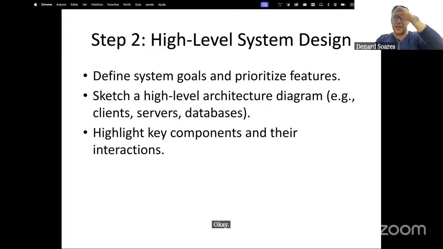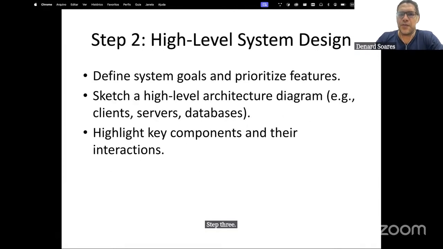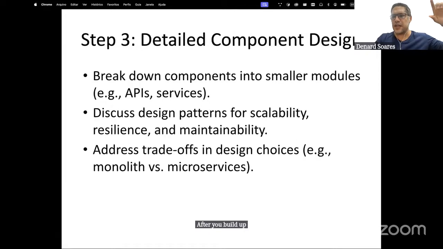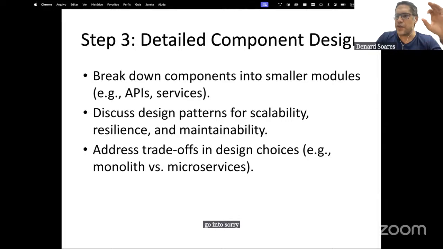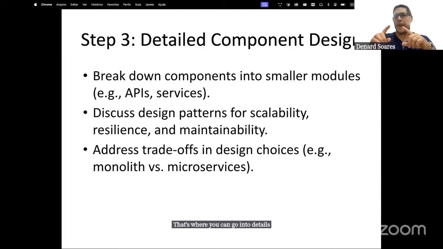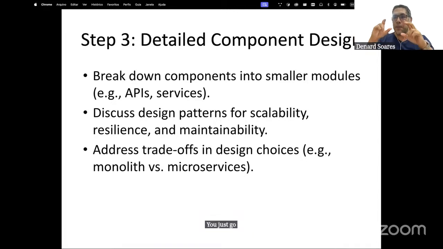Okay, great, let's go ahead since we're short of time. Step 3. After you build up the high-level system design, you can go into details. And here, Hugo, that's where you can go into details, but you don't have to go into details on every element on your diagram. You just go into details on the important elements.